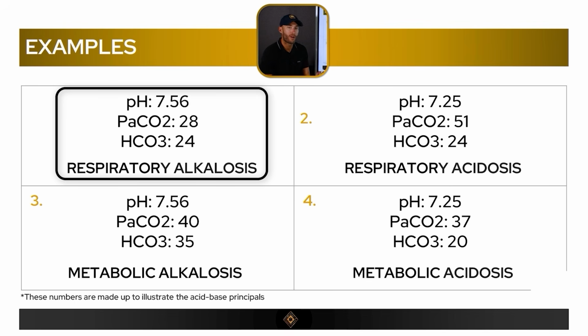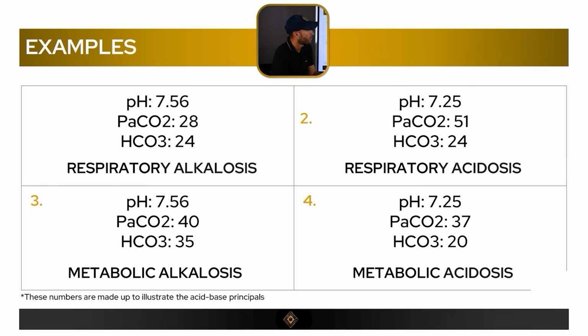Now, do we remember our other values? 35 to 45 is normal CO2. Oh, I got a culprit here. 22 to 26 is normal on our bicarbonate. This means I got an alkalosis and respiratory is the culprit. So there's number 1.